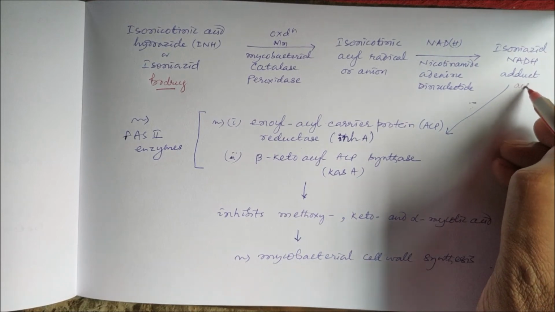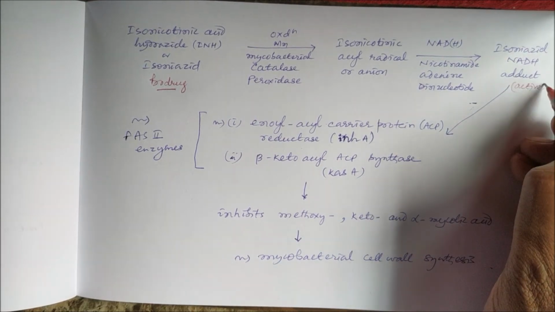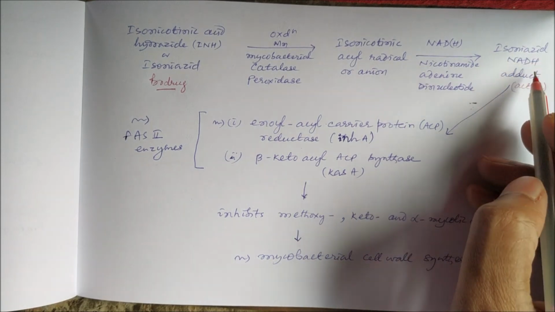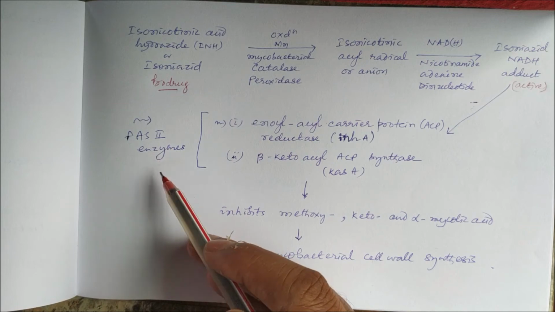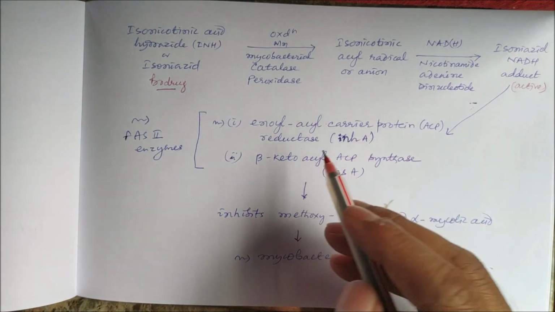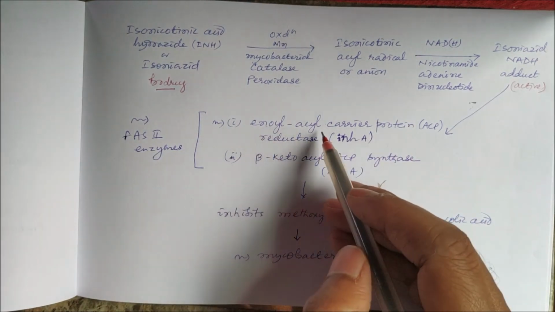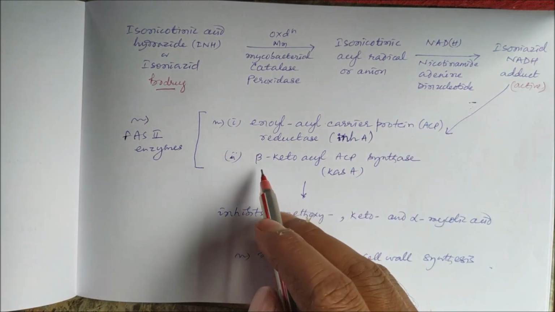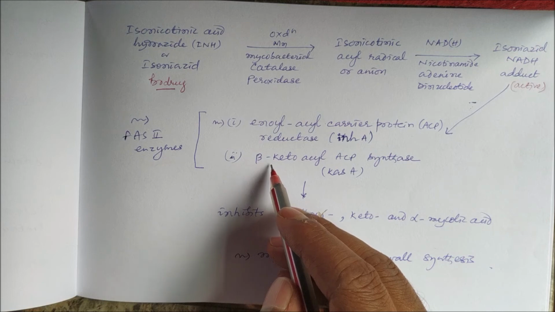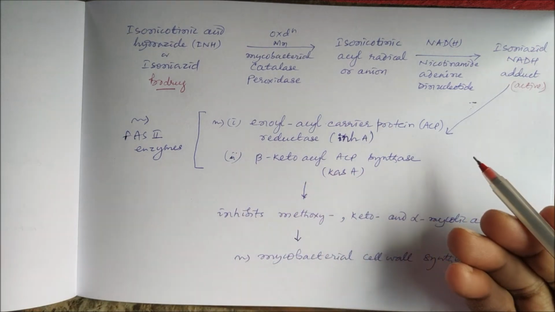This is the active form of isoniazid, and this isoniazid NADH adduct inhibits the FAS2 enzyme system, which involves two enzymes. One is enoyl acyl carrier protein reductase or ACP reductase, and the other is beta ketoacyl ACP synthase.